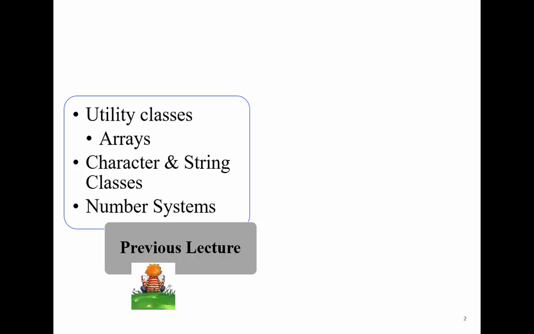We finalized our discussion in the previous lectures by discussing the number systems. We gave you an overview about the decimal numbers that you are familiar with, the weight of the decimal numbers, and also we introduced the binary numbers and the weight for the binary numbers, the hexadecimal numbers, and we said that if we convert the decimal to binary, we can easily convert binary to hex by grouping 4 bits together, because the base for the hexadecimal numbers is 16, and 16 is actually 2 to the power 4.